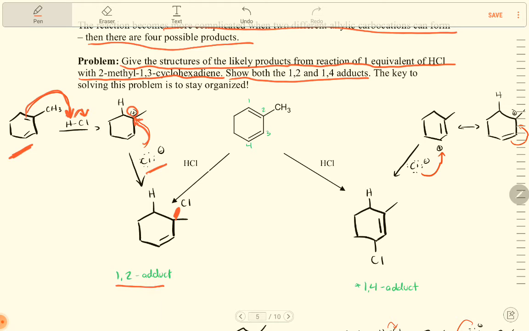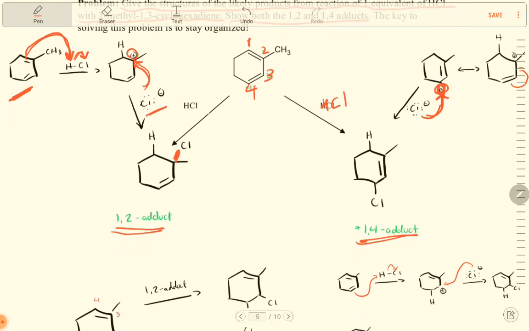Now, this is carbon 1, 2, 3 and 4, and when it reacts with HCl, a 1,4 adduct forms. This is the 1,2 adduct. How? Because Cl minus is going to attack this carbocation right here, and then you can see how the electrons transfer and form the 1,4 adduct product.